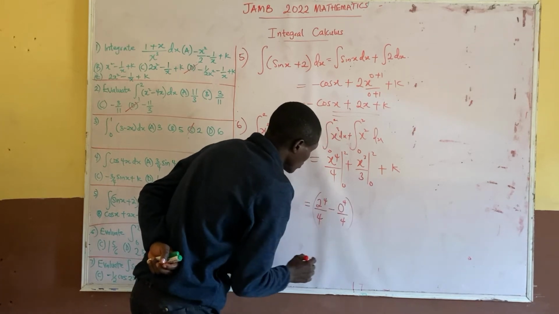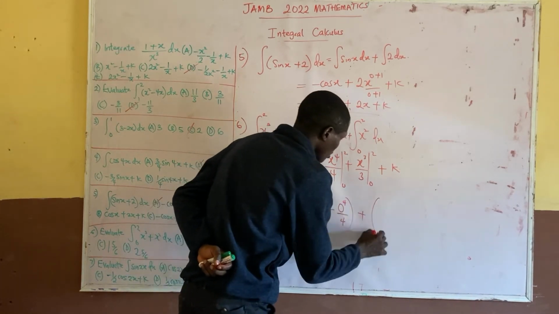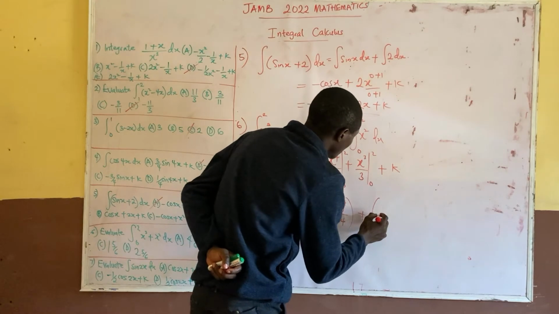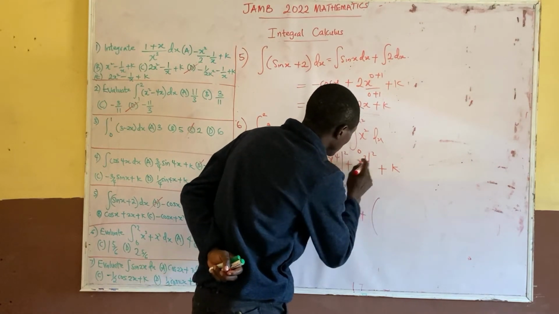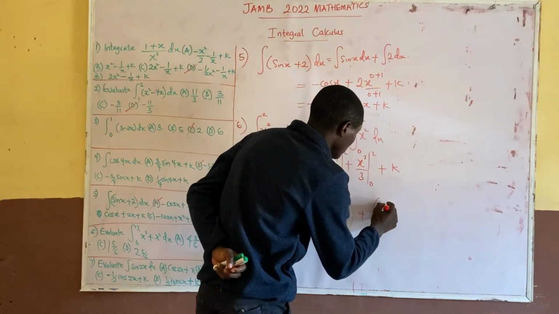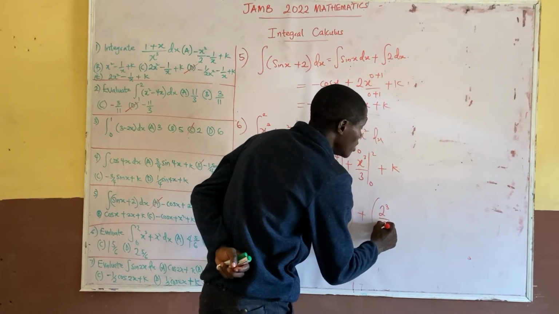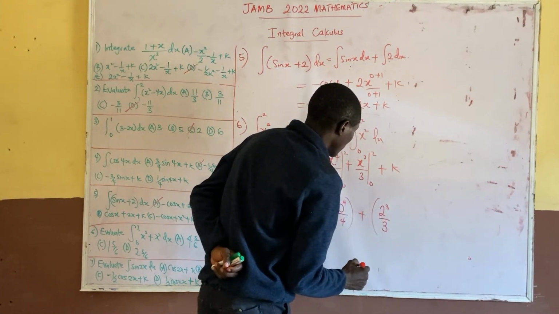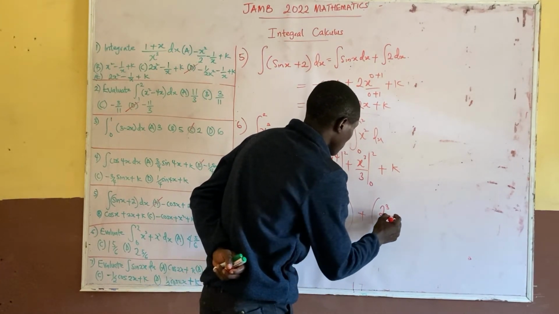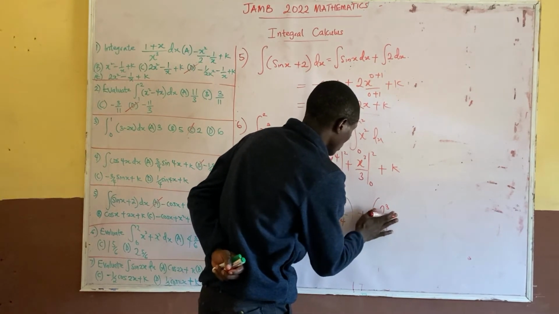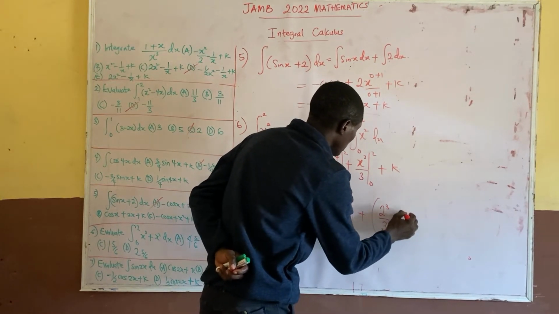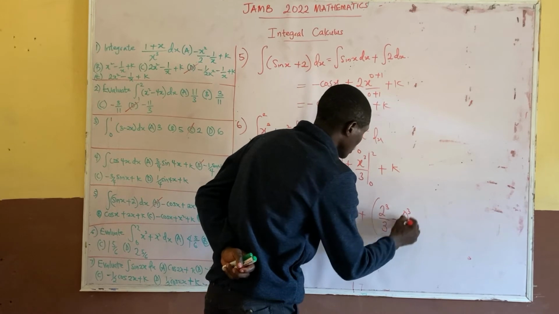Plus, open bracket for this one, we put 2 here: 2 raised to power 3 all over 3, minus 0 raised to power 3 all over 3. Bracket close.